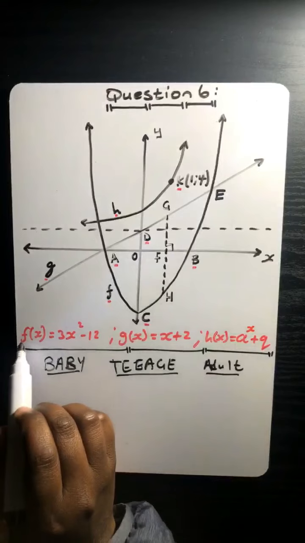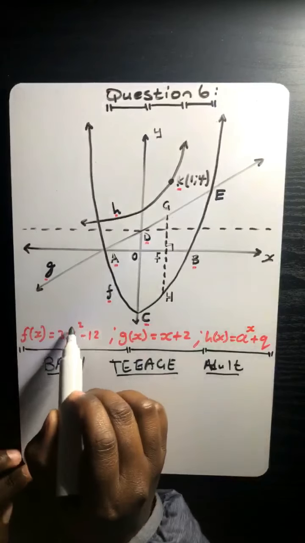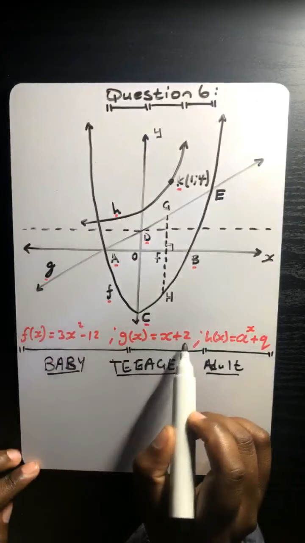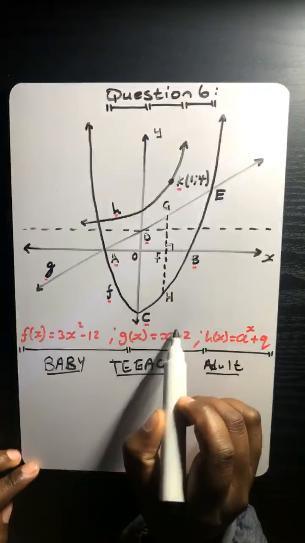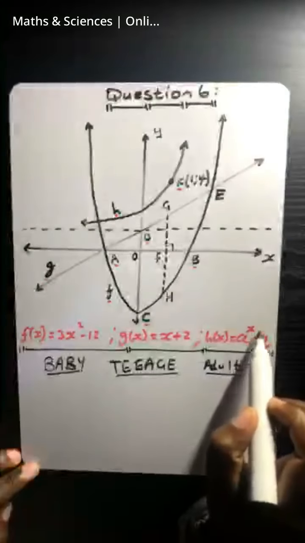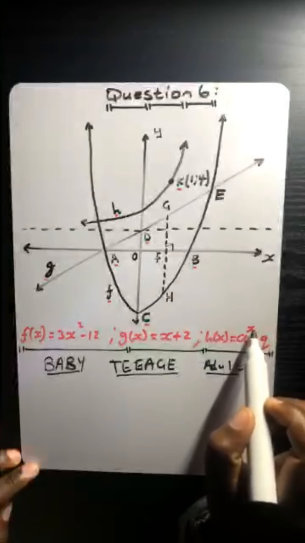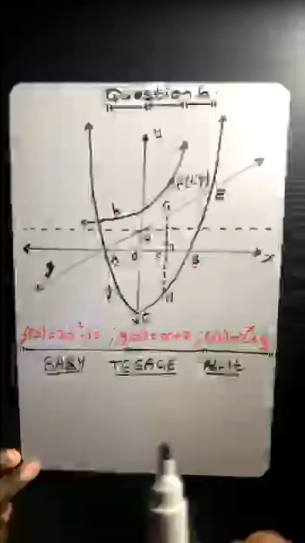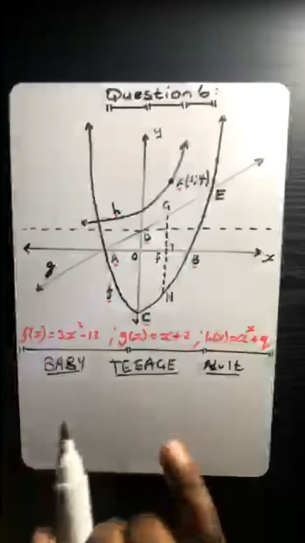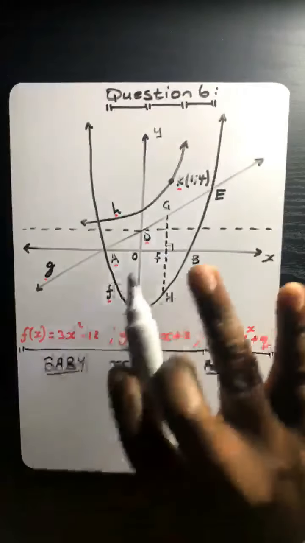Because of the squared, this is a parabola. This one, because the letter is to the power of 1, is a straight line. And this one, because the letter x is in the position of exponents, is an exponential. So we've got a parabola, a straight line, and an exponential.